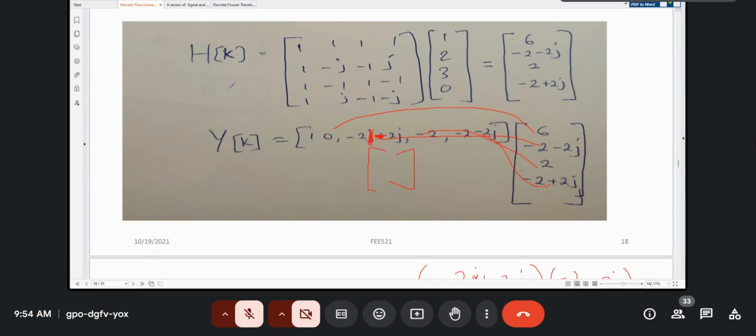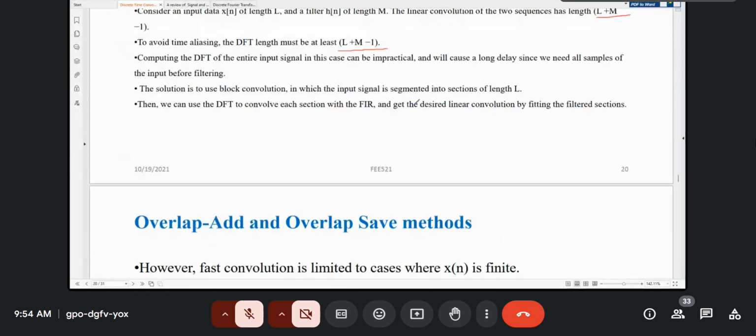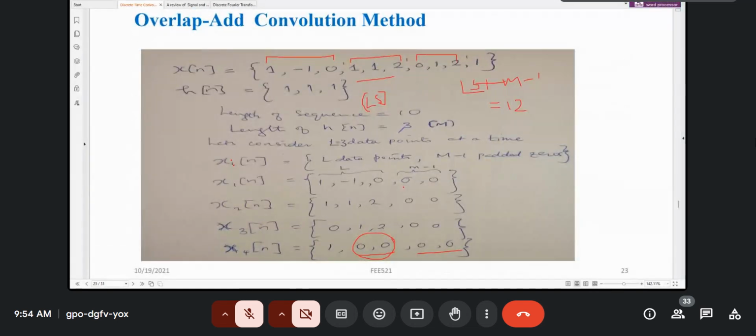So what we should have done after making it that length, of course, we can't use 4-point DFT in this case. The way it is now, we would use a 5-point DFT.